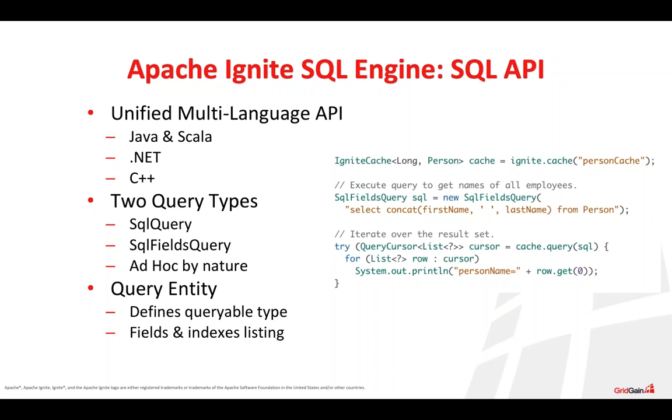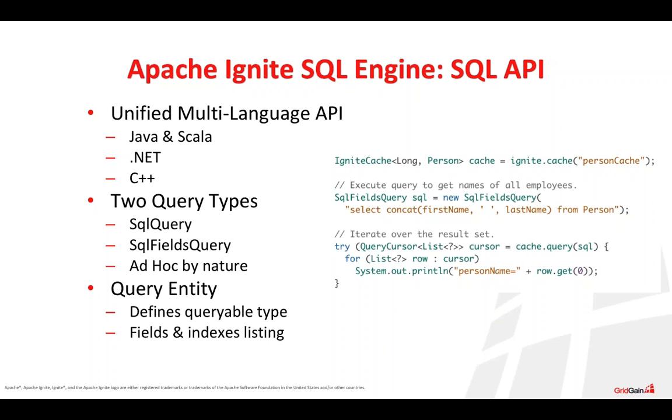The difference between these queries is that the SQL query returns the complete entry, key and value, that is stored in a cache in the result set. While if you use SQL fields queries, as shown in the example to the right, you can define the fields that you want Ignite to return in the result set.